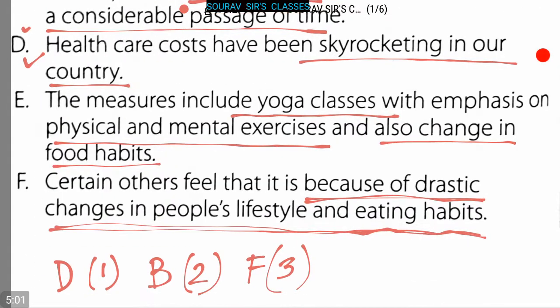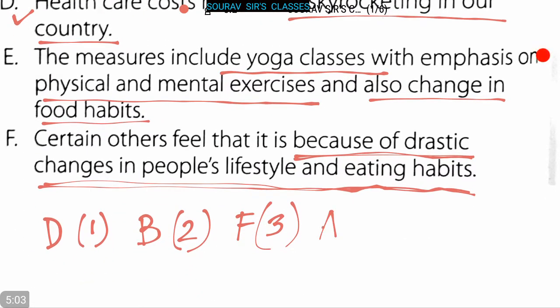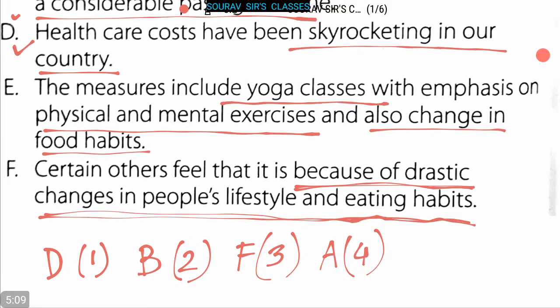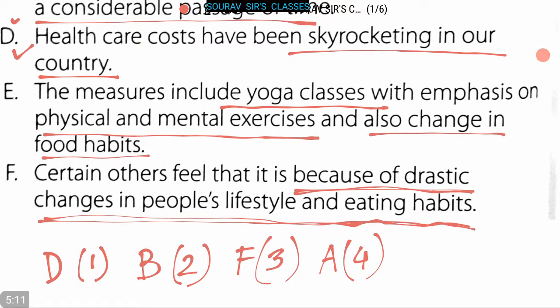So let's take A as the fourth one. Now for the fifth one, let's take E, that is, the measures include yoga classes with emphasis on the physical and mental exercises and also change in the food habits. So let's take E as the fifth one.